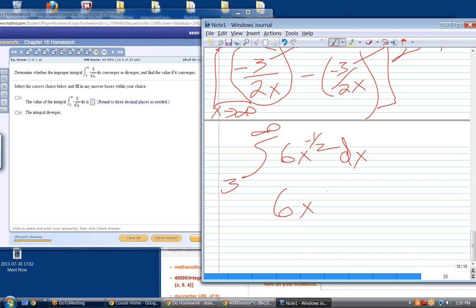Let's add 1 to the exponent. So it would be positive half, divided by a half, which is the same as multiplied by 2. So the integral is 12x to the 1/2, and we have to evaluate that from 3 to infinity.